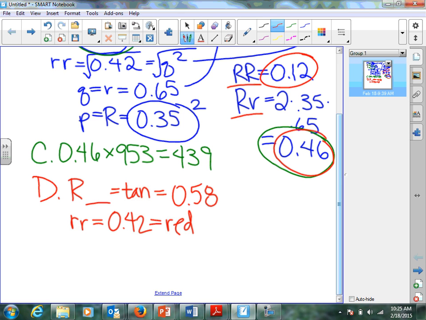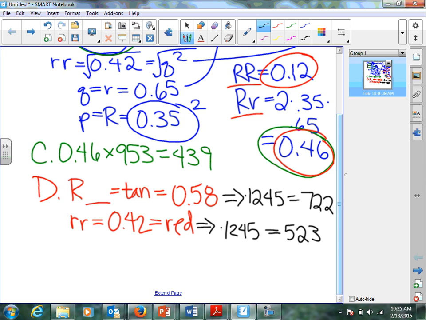Assuming that all of the Hardy-Weinberg conditions are met, which means that your population would be in equilibrium, how many of these would you expect to be red-sided and how many tan-sided? Essentially, you can take these phenotype frequencies, multiply them by the new total, which is 1,245, and you get roughly 722 tan and 523 red.